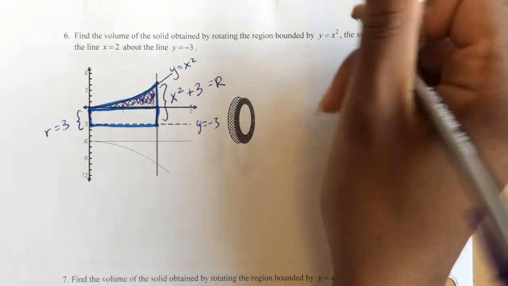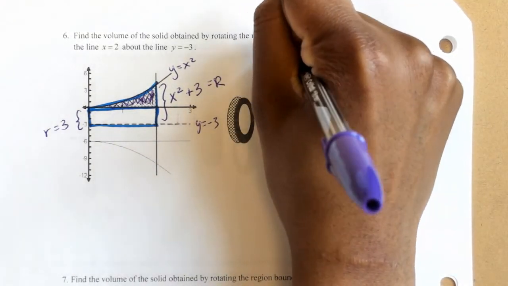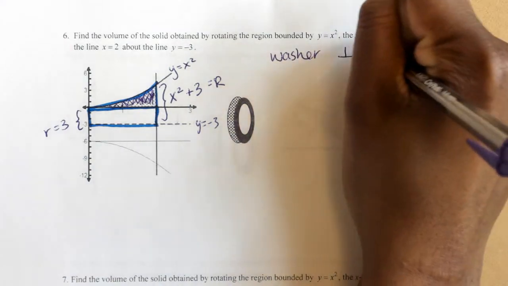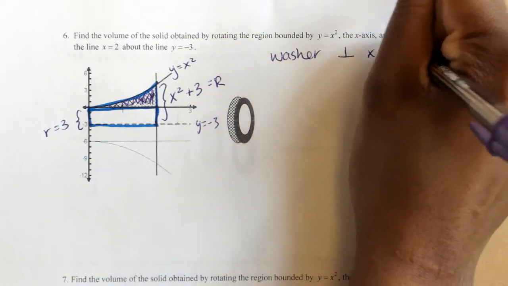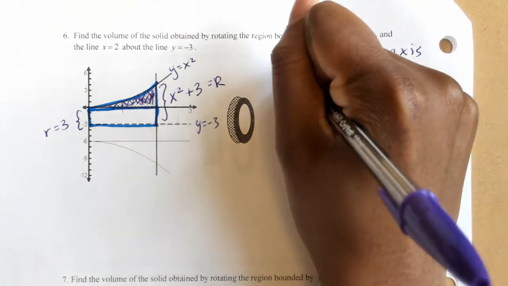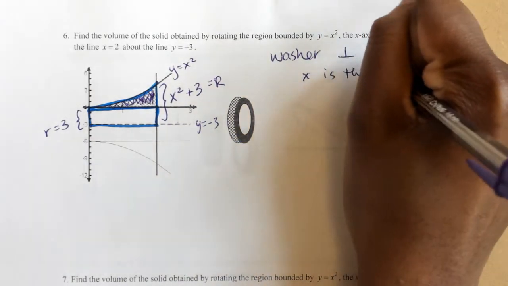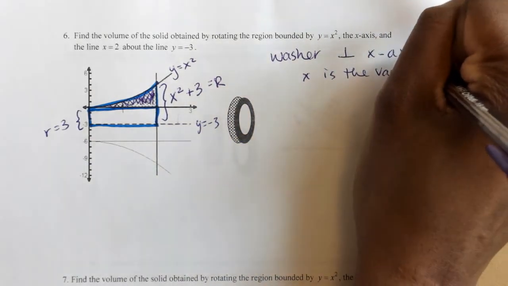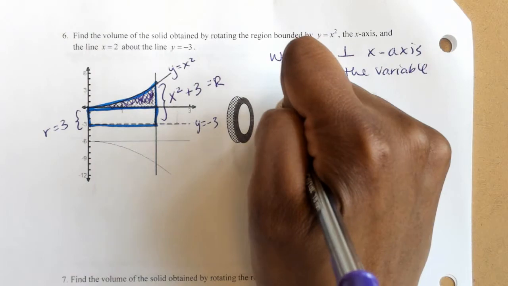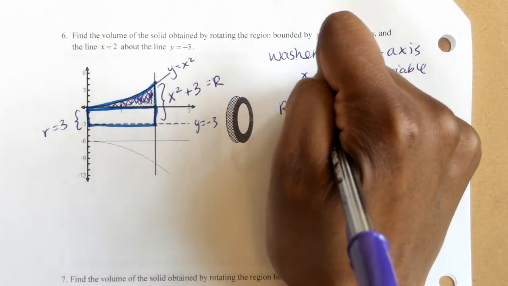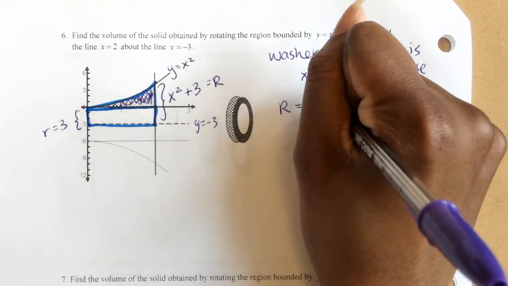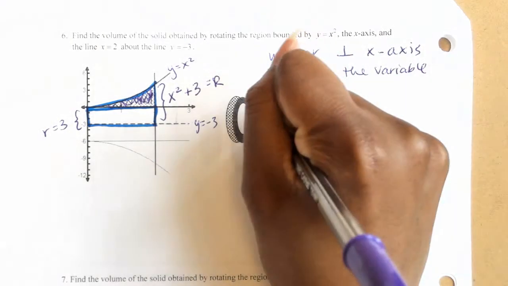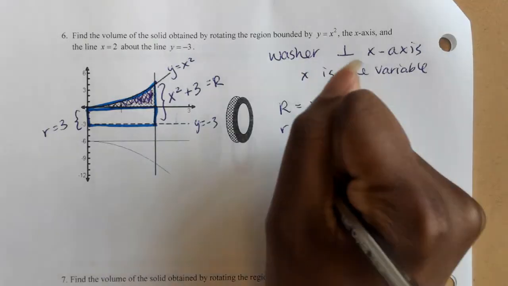So then, because our washer is perpendicular to the x-axis, we don't have to change anything because x is the variable. So big R is equal to x squared plus 3. Little r is equal to 3.